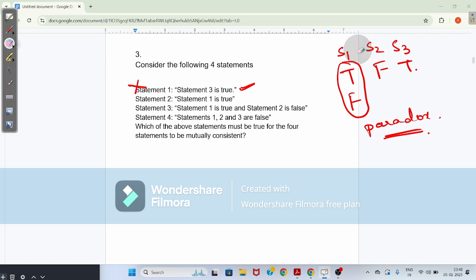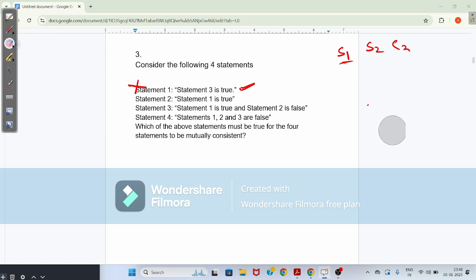Now consider statement 2. What is statement 2 saying? Statement 1 is true. Now statement 1 is saying statement 3 is true. What is statement 3 saying? Statement 1 is true and statement 2 is false.